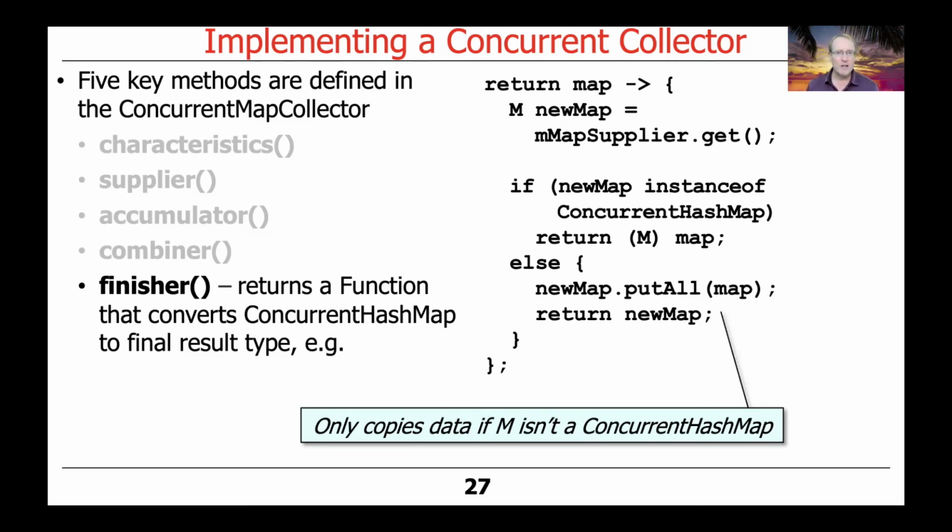However, more interestingly, if the user has given a different kind of map, like, for example, a TreeMap or a LinkedHashMap, then we take the contents of the current ConcurrentHashMap and we put them into the new map, whatever that type of map was. And then we return the new map. So data is only copied if the map M is not a ConcurrentHashMap. That's just a clever little optimization to make things work efficiently when we just need to use this as a ConcurrentHashMap.